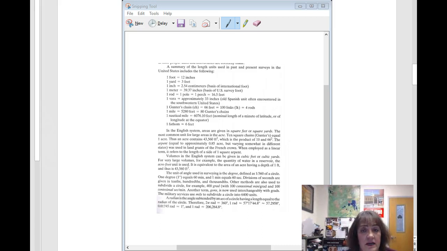So if you need to convert to international feet, you need to make a correction of about 6 parts per million. Although it's not spelled out here, your authors describe which way that correction has to go.